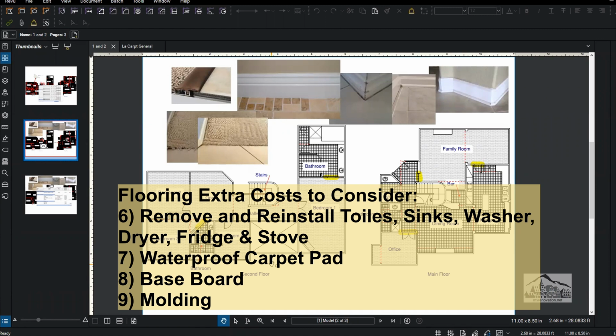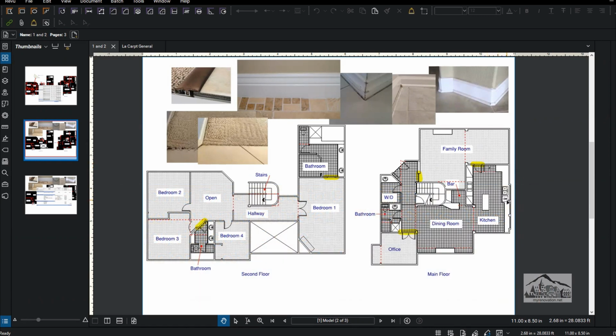And there is always a cost for that, about $40 to $50 for each toilet, and also about $30 to $40 for the fridge and stove.